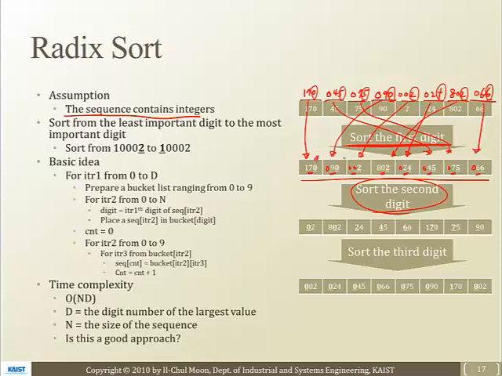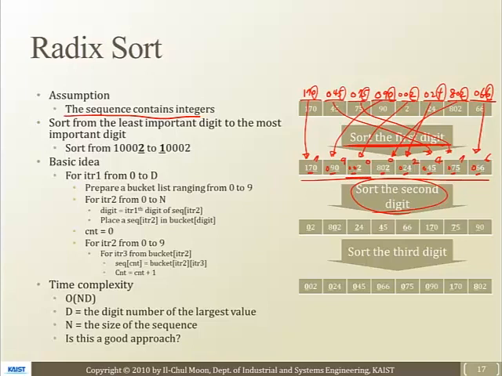I'm going to write down 7, 9, 0, 0, 2, 4, 7, and 6, right? And then based upon the second digit, we are going to sort, only by looking at the second digit.